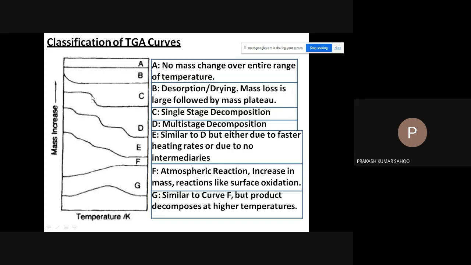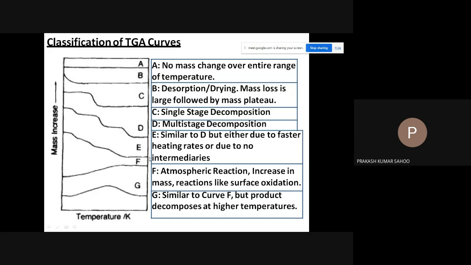If it is D-like, it is multi-step decomposition. If it is E type, then it is similar to D, but either due to faster heating rate or due to no intermediate. So if the heating rate is faster or no intermediates are formed, then we may have this type of plot.